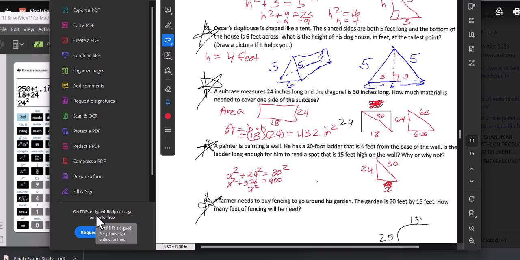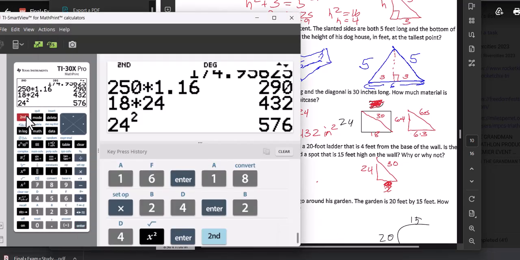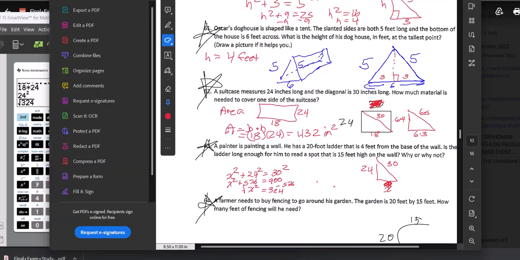Subtract 576 from both sides. X squared equals 324. And then take the square root of both sides, and x equals 18.